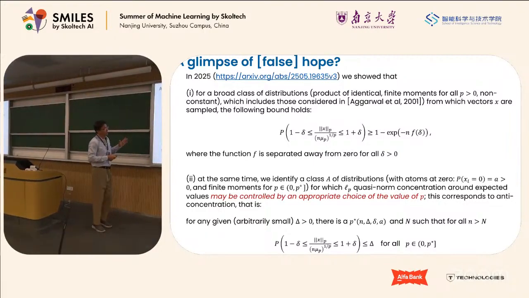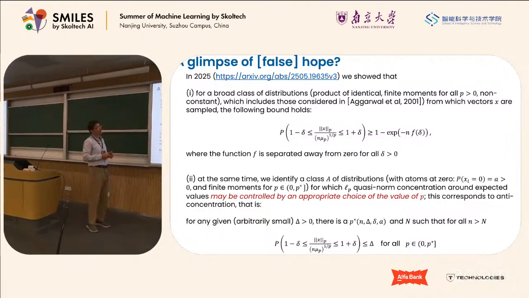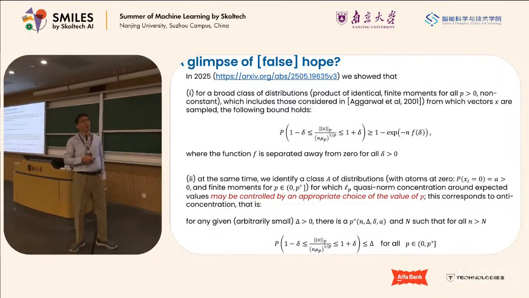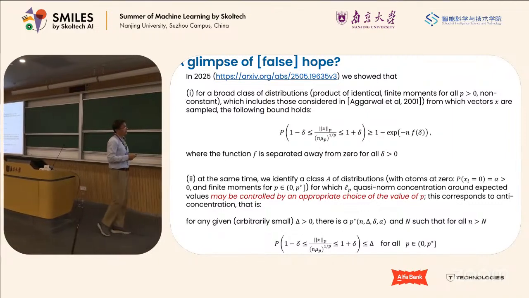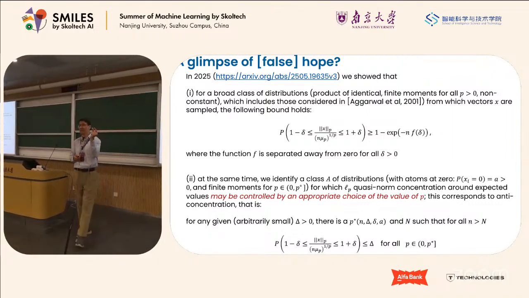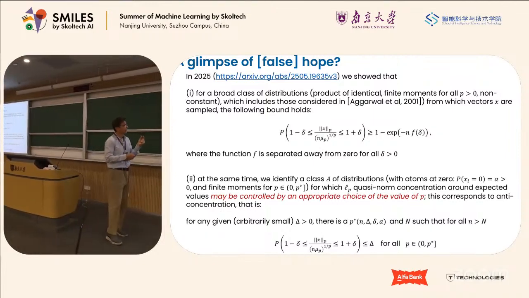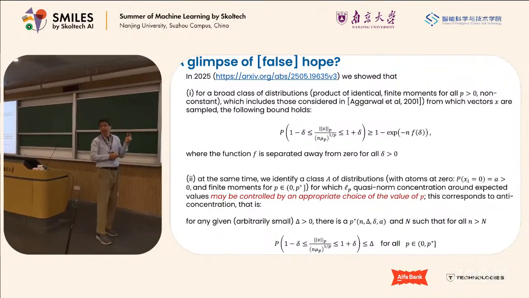In fact, what you can show is that the probability that the ratio of this p quasi-norm, for all p bigger than 0, provided that this term mu_p exists, and remember what this mu_p is: the expectation, essentially related to the existence of the pth moment. If this thing exists, then the probability that you are going to be within, let's say, a delta shell of some ball, unfortunately, is close to 1 exponentially.